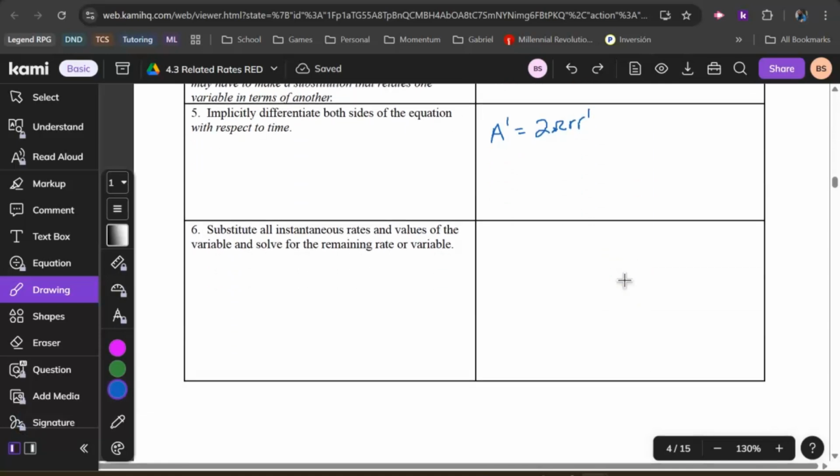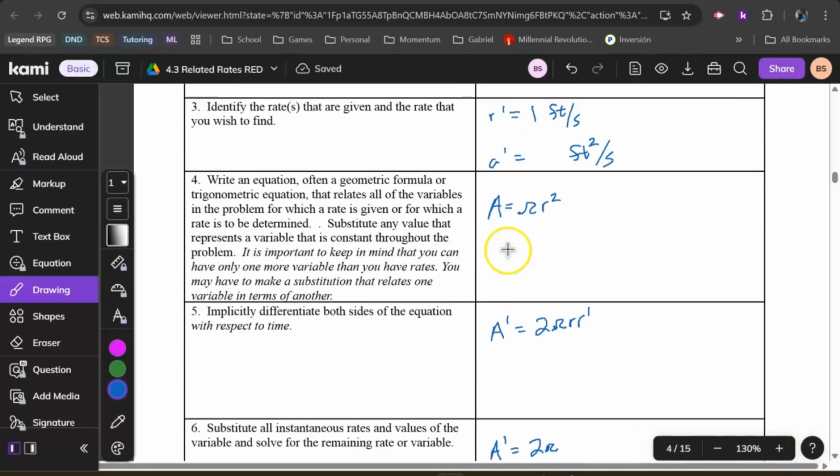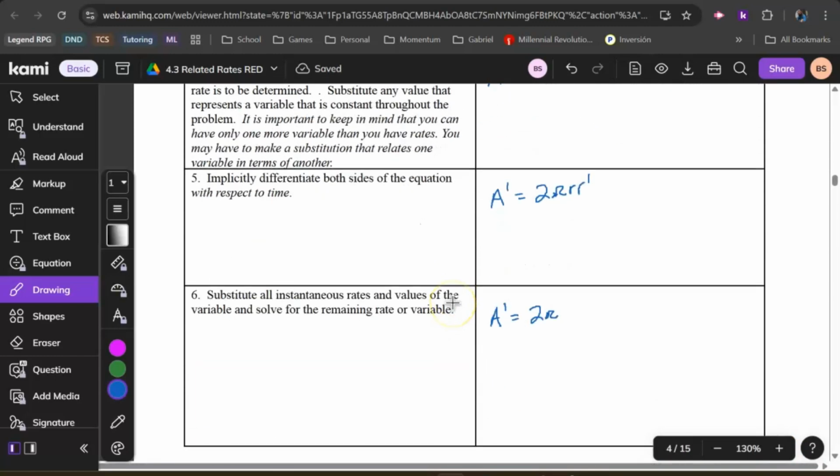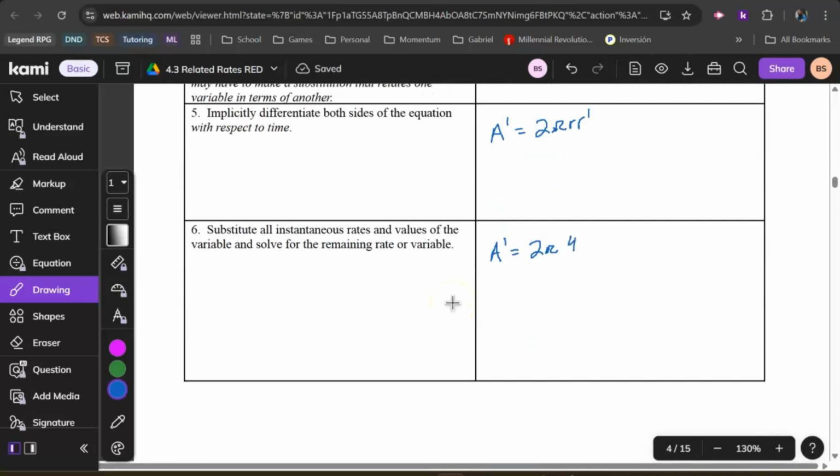So the area is the one we're trying to find, a prime. And we know that this is happening at the moment when the radius is 4. Okay, so our radius is going to be 4, and it's increasing at a rate of 1 foot per second. So a prime is going to be just 2 times pi times 4 times 1, or 8 pi, and this one was in feet squared per second. All right.